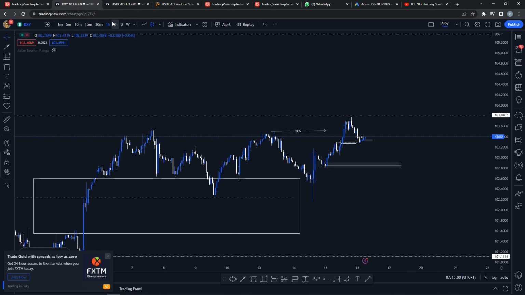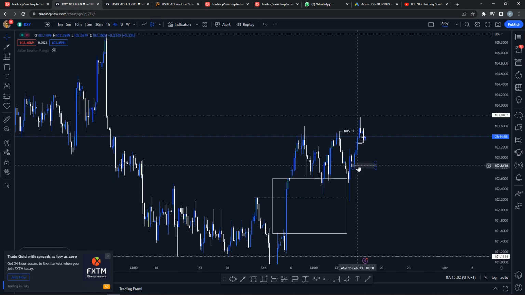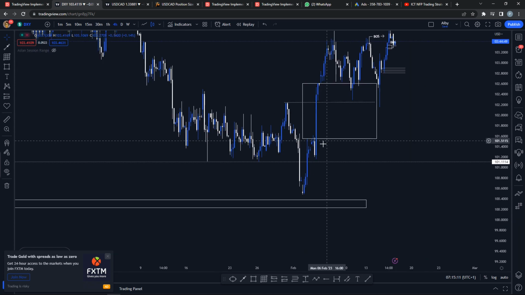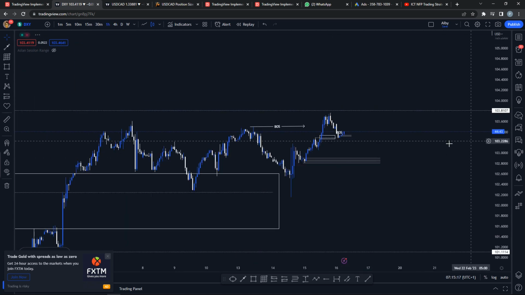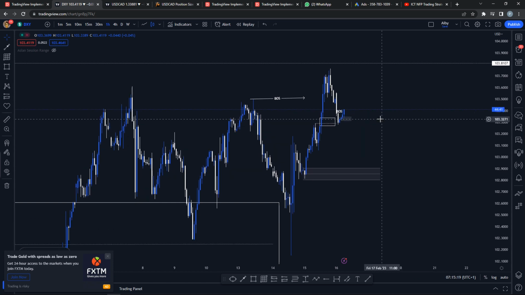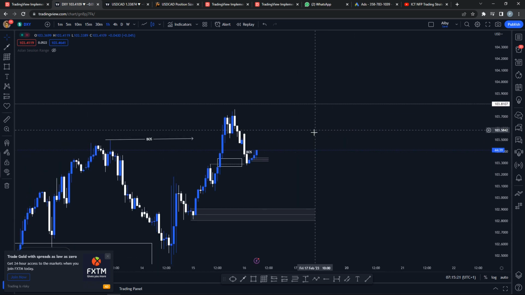Let me go back to the 4 hours. If you look, there's another block here with a fair value gap in it. But that doesn't mean price can't reverse from here without coming down to this other block. You can see what happened here: price reversed from here without coming down to this other block. So it happens. If you always wait for your order block, you'll be missing a lot of setups.